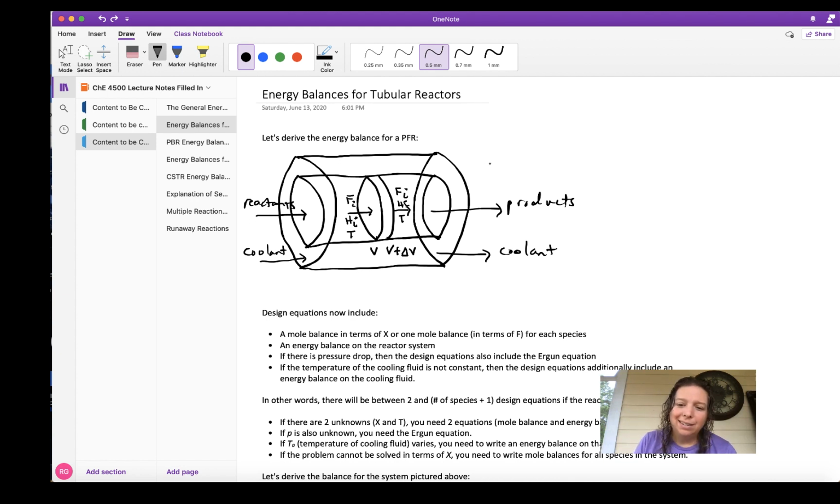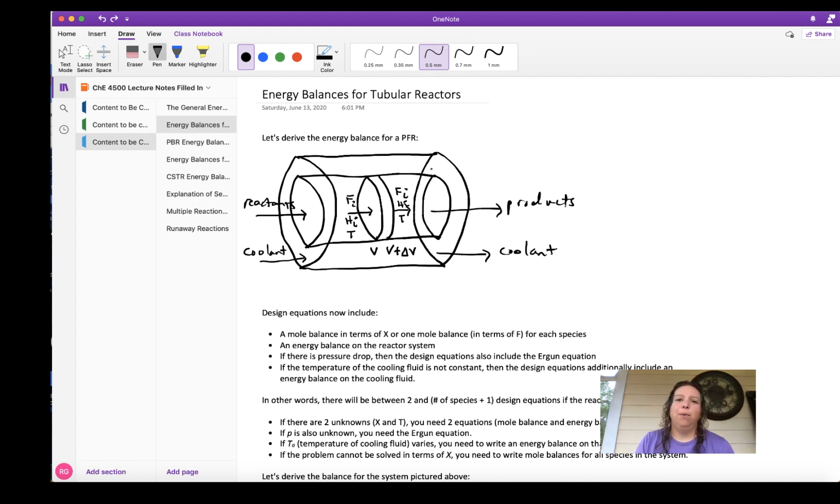But since the way I've written this problem is countercurrent flow, the inlet temperature is at the exit point. The way I've defined volume, volume starts here and proceeds this way, so this is V equals 0. I don't know the temperature of the cooling fluid at V equals 0. I instead know the temperature at V equals V.